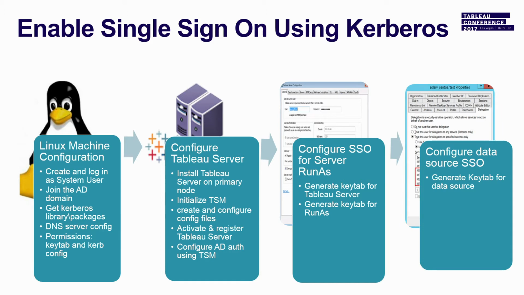There are 4 basic steps that you need to do for enabling single sign-on. First, make sure that your Linux machine is configured properly. Second, Tableau server is configured. Third, SSO is configured for the RunAs user. And fourth, the data source is configured for SSO. If you look at the images behind the write-ups, these are from the Windows version of it.